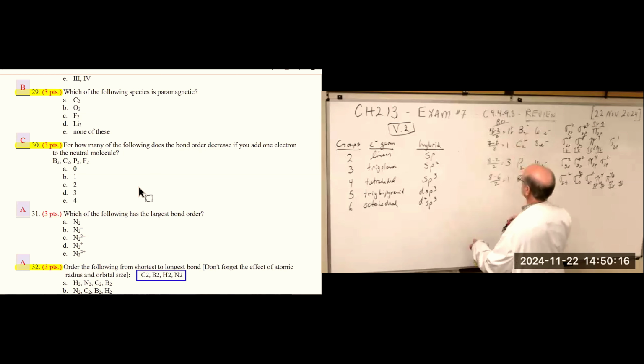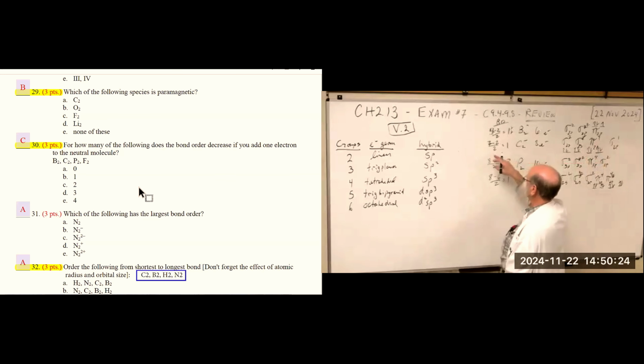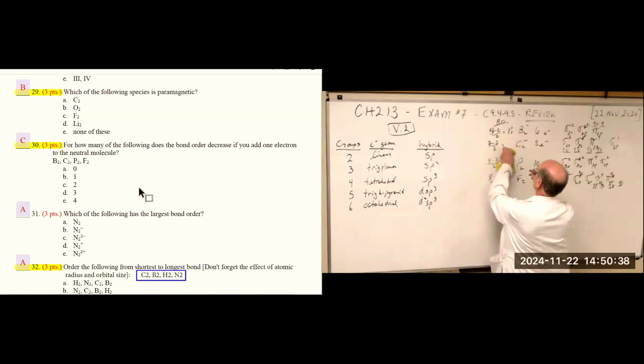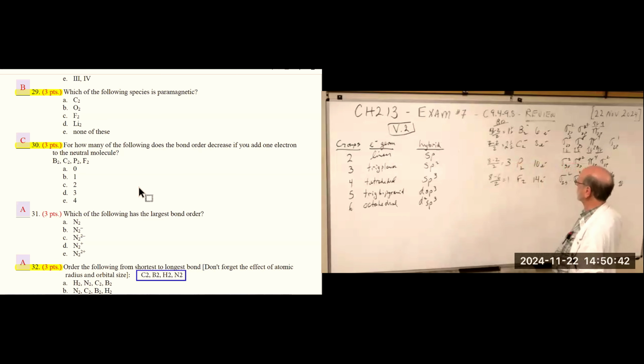So that's, wait a minute, is that right? 2, 6, 7. Yeah, 7 minus 2 is 5. 5 divided by 2 is 2.5.